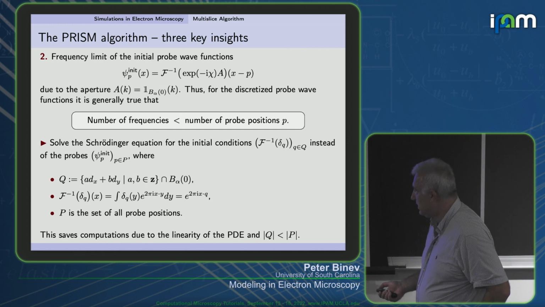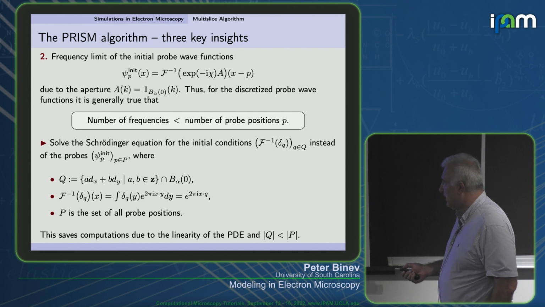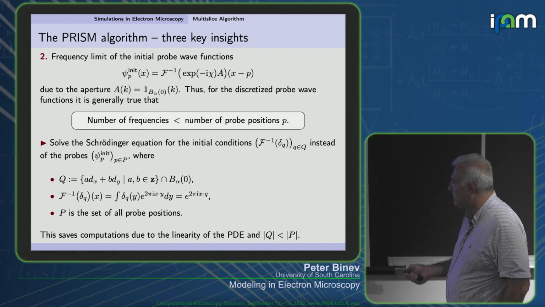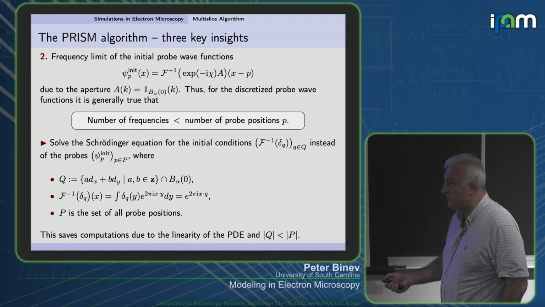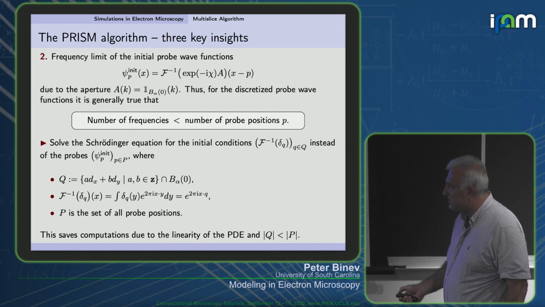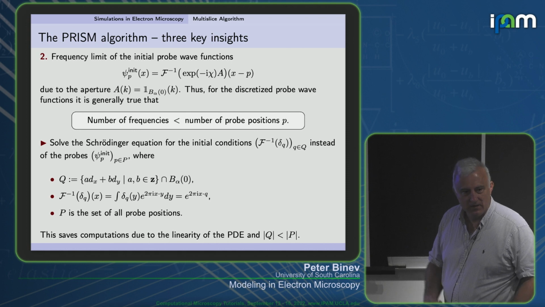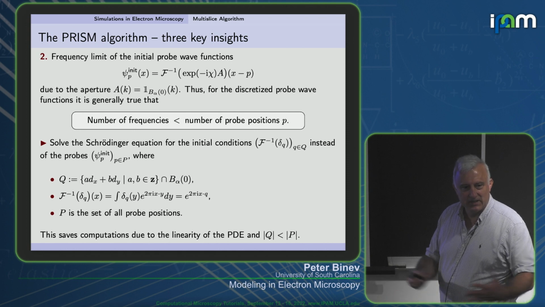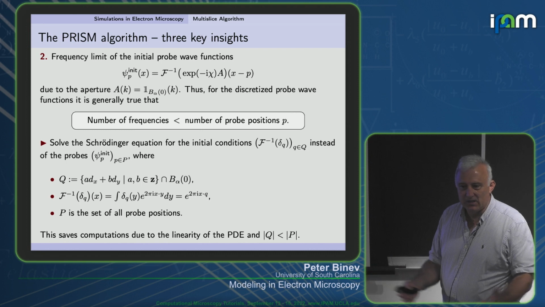So what is the idea? Instead of solving the Schrodinger equation for all the probes, we are solving it for some delta functions in the Fourier space, which are simply the elementary functions in this Fourier space.